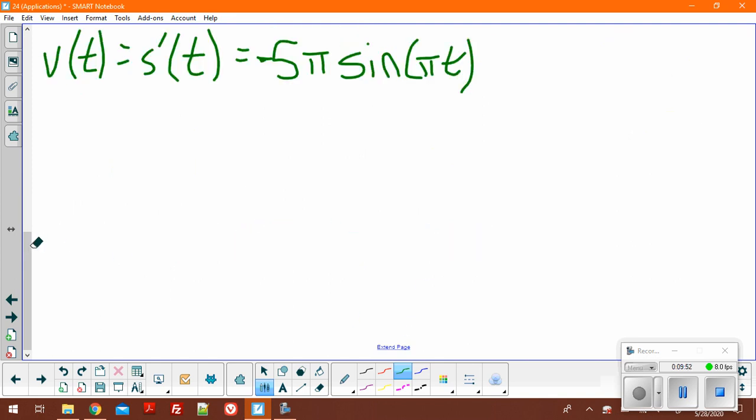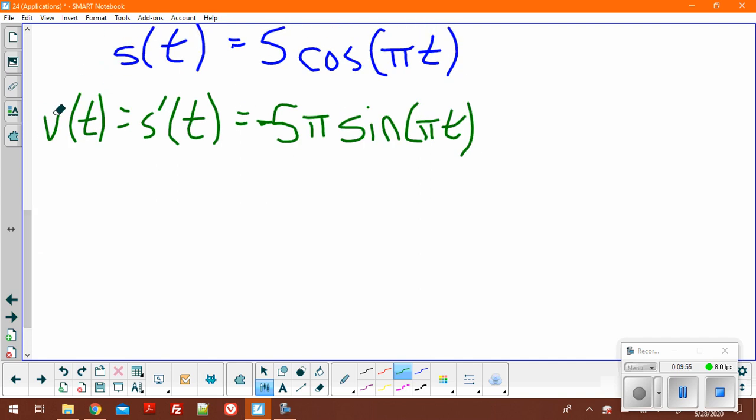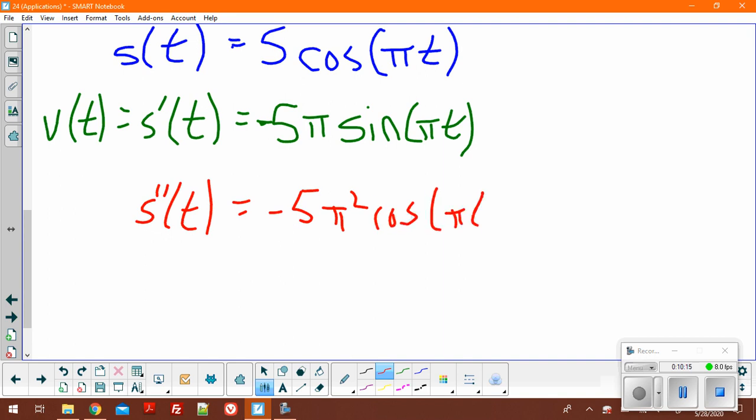I want to know the maximum velocity or speed. That means I have to find the critical points of its derivative. So really, I have to take the next derivative, which is acceleration. So s double prime of t is going to equal -5 pi squared cosine of pi t. I left my constant alone. Derivative of sine is cosine, and I got another factor of pi when I did the derivative of the inside again.